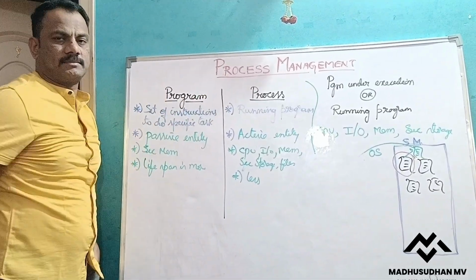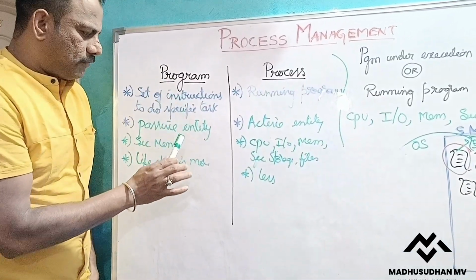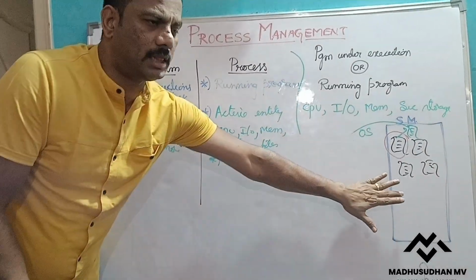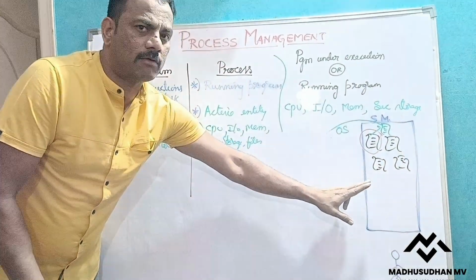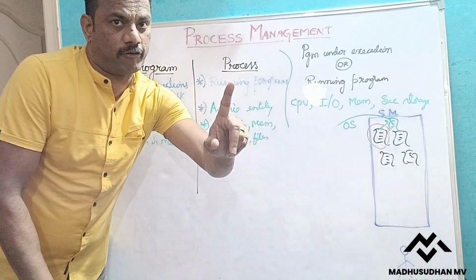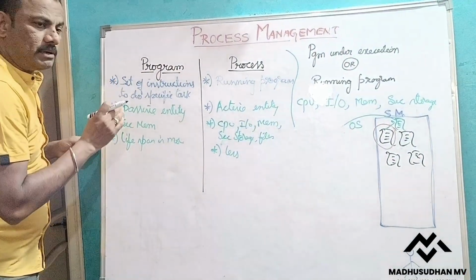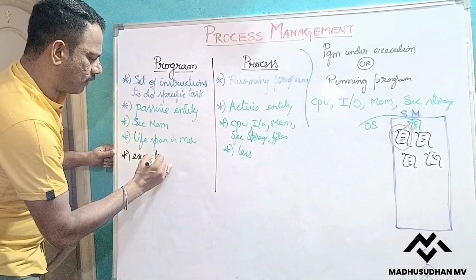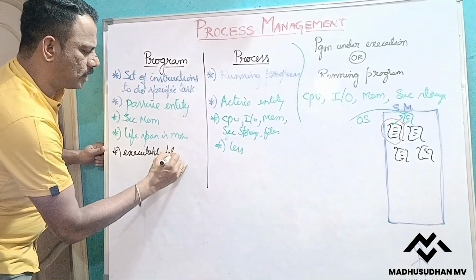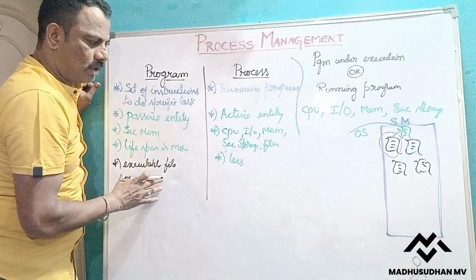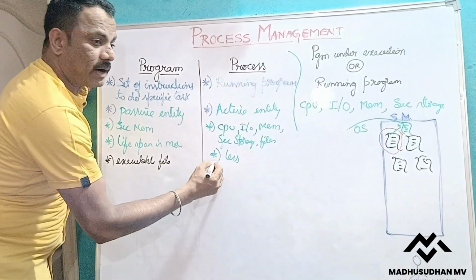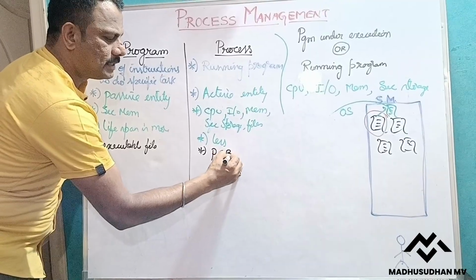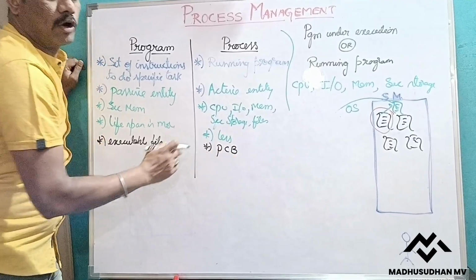These are some of the major differences between a program and a process. Another major difference: a program stored in the secondary memory is stored in the form of an executable file, whereas a process is stored by the operating system in terms of a PCB, that is, a process control block.